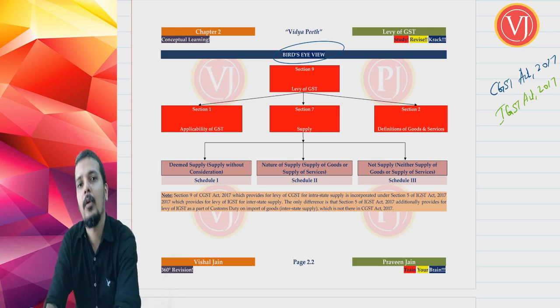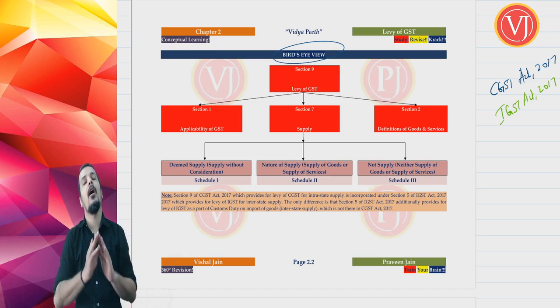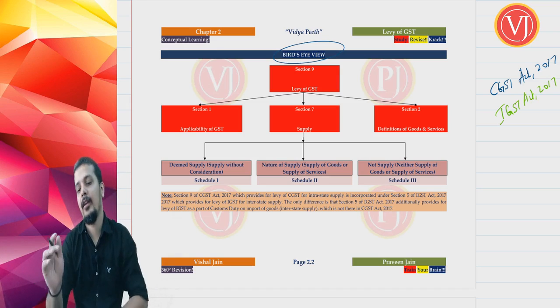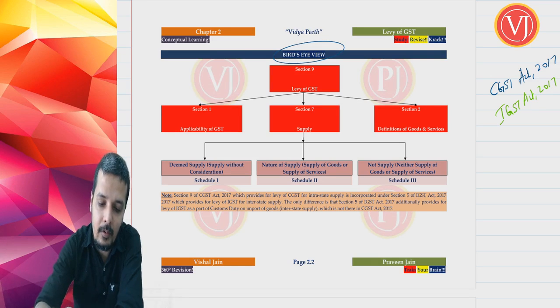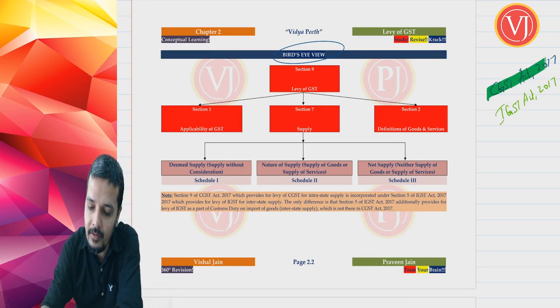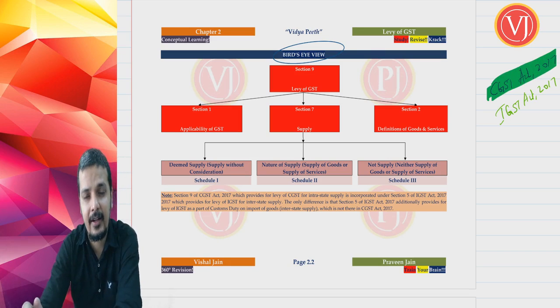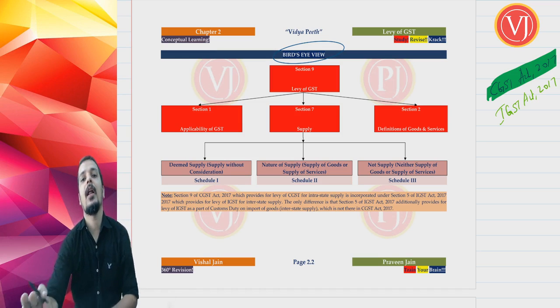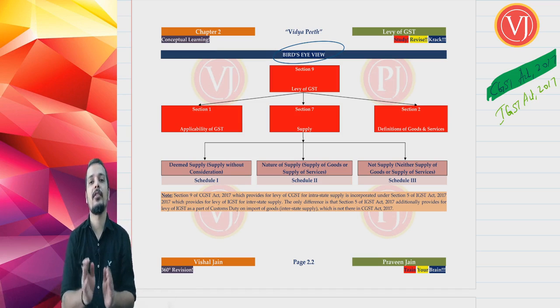Now most of the discussion in all the chapters will focus only on the provisions of the CGST Act. And the corresponding provisions of the IGST Act would always be mentioned in the bird's eye view column, where we will be writing the corresponding provisions of the IGST Act. Unless otherwise required, our focus will be only on the provisions of the CGST Act.